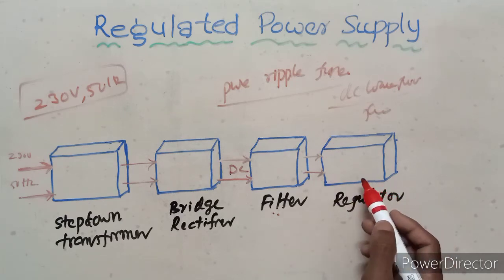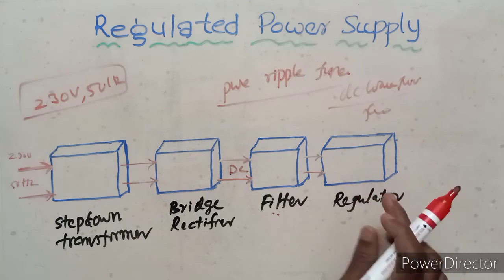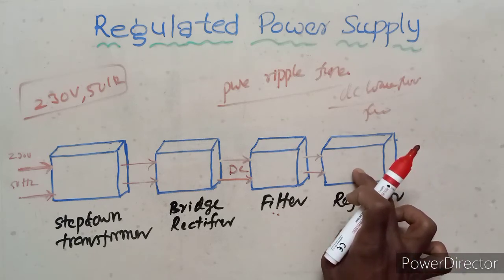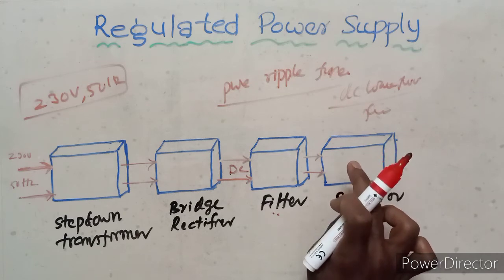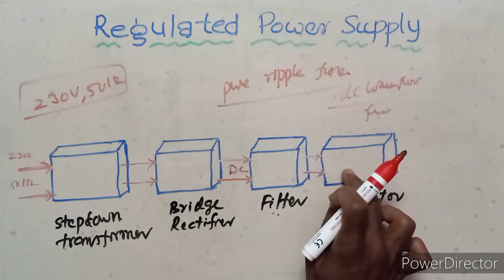Then regulating. The final block is the regulator. The regulator eliminates the ripple by setting the DC output.